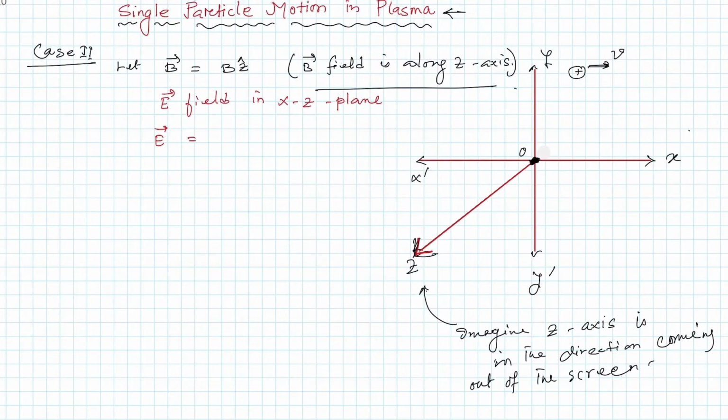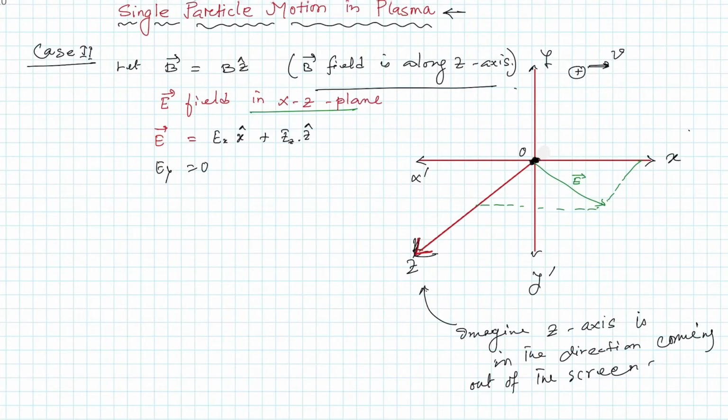So in the xz plane, here is the electric field. In this way we have applied it. There will be an x component, Ex x cap plus Ez z cap, and the y component is 0, Ey is 0.